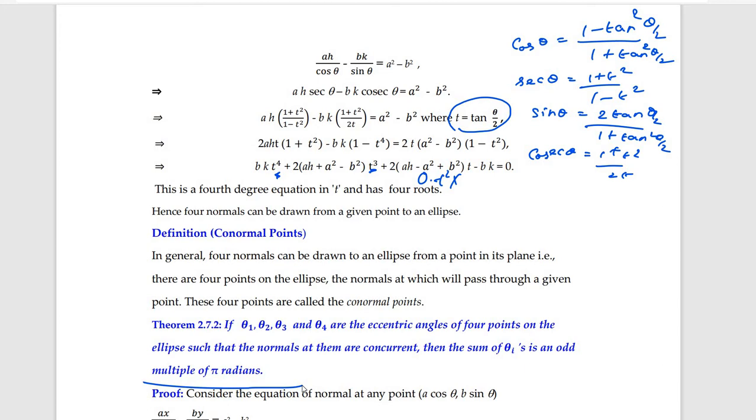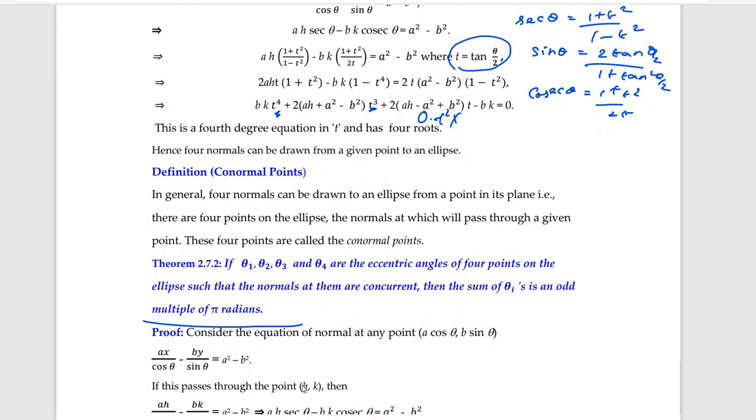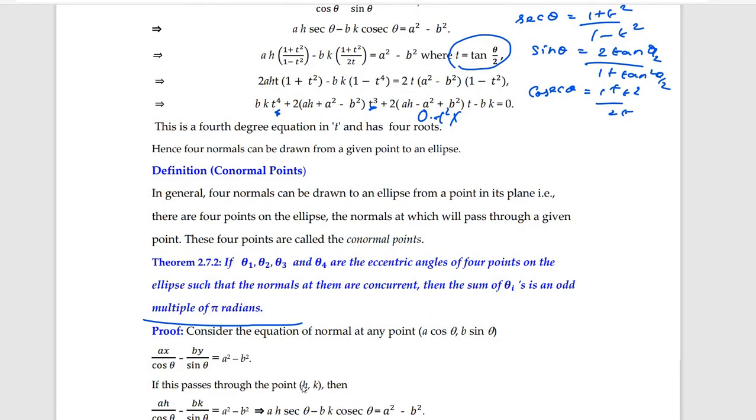That is, theta 1 plus theta 2 plus theta 3 plus theta 4 is equal to an odd multiple of pi. This is what we are trying to prove.